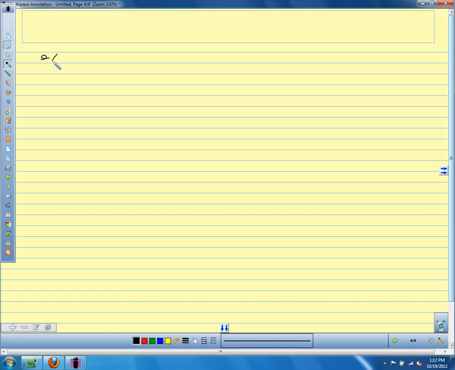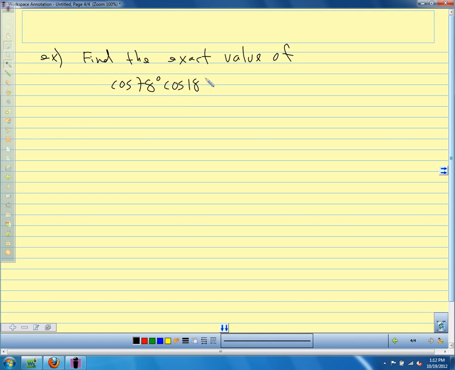So for this example, we want to find the exact value of this long expression, cosine of 78 degrees times the cosine of 18 degrees plus the sine of 78 degrees times the cosine of 18 degrees.